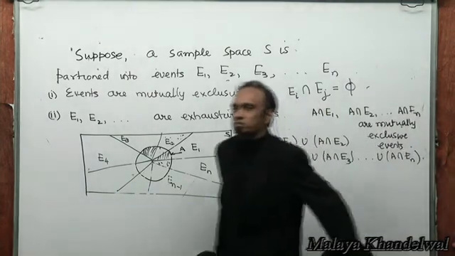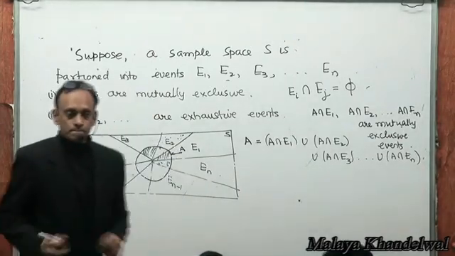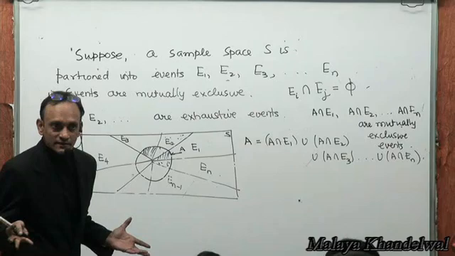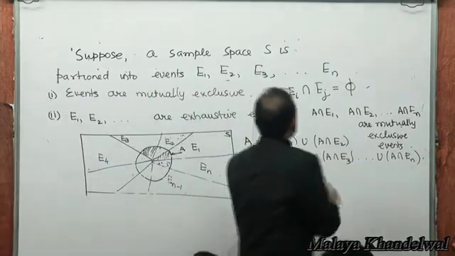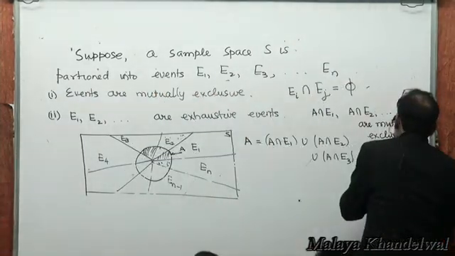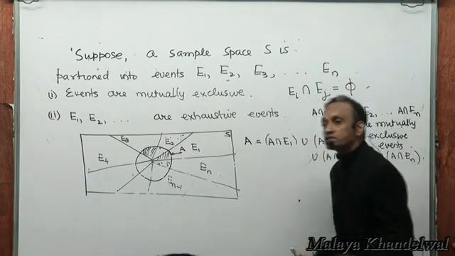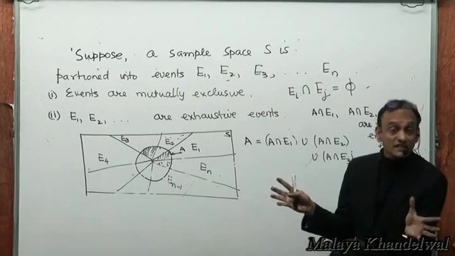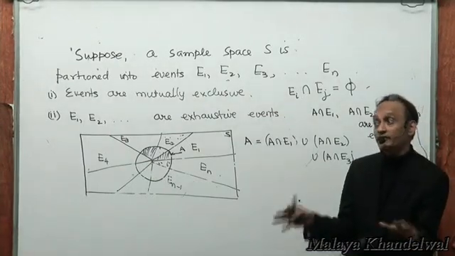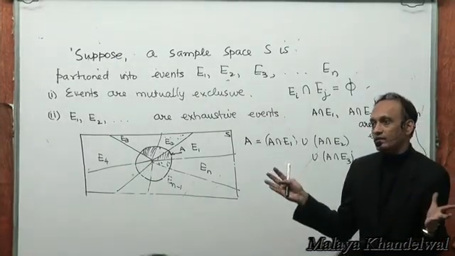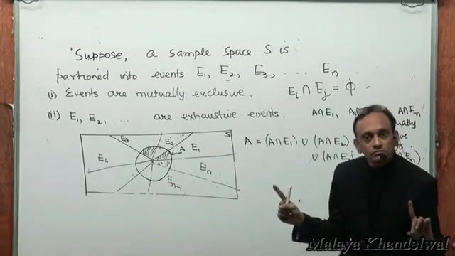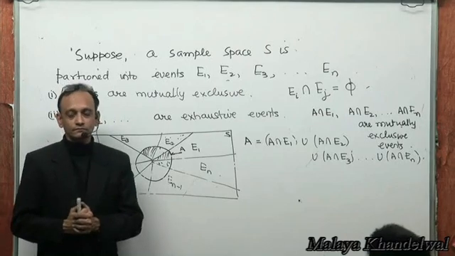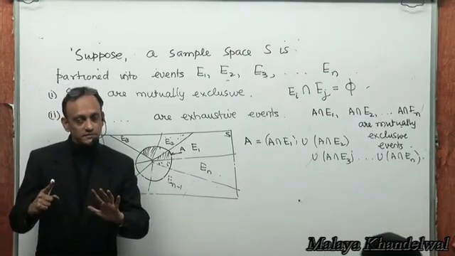Can I not say this? Tell me. A is the union of all of this. As far as A is concerned, these are exhaustive. Together, they produce the entire A. Yes or no? Right? So far so good.